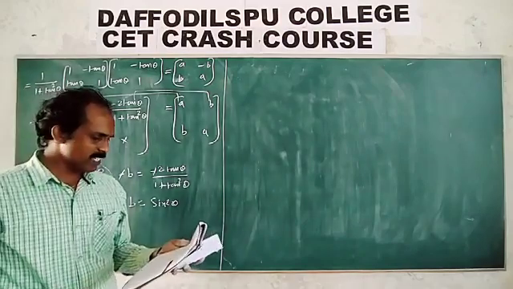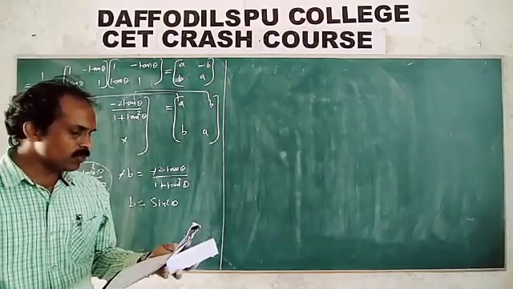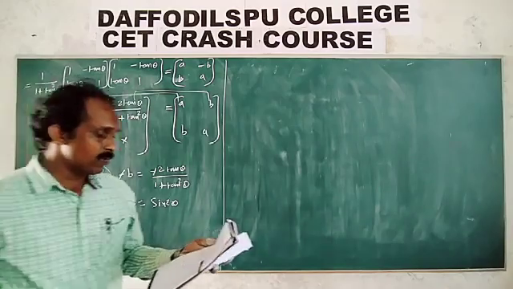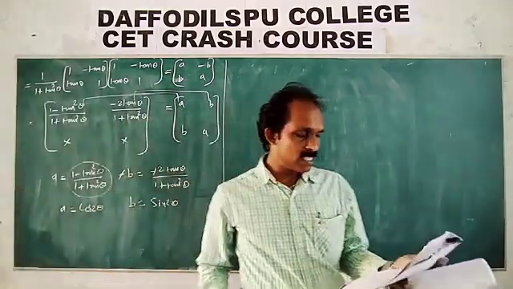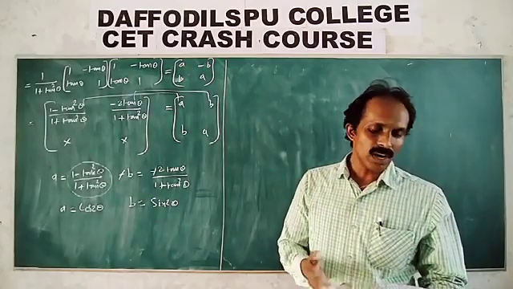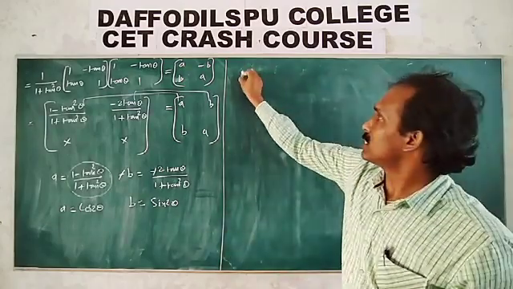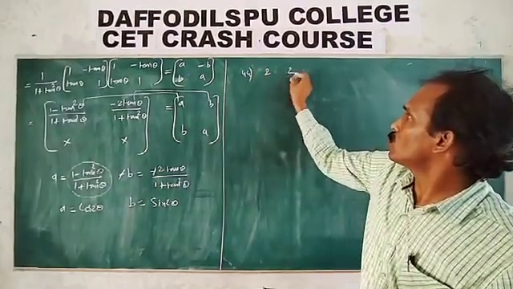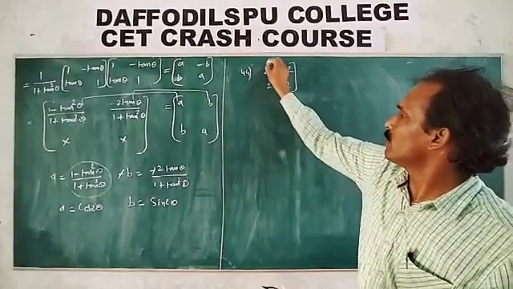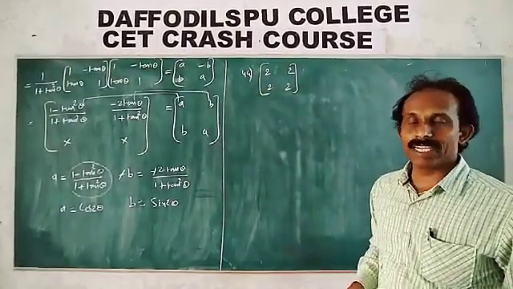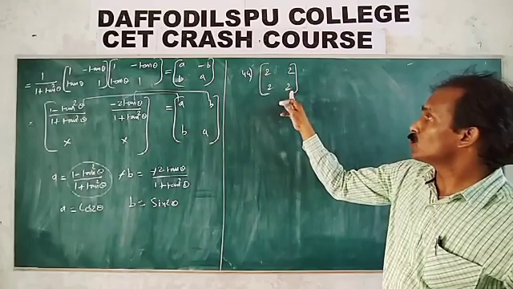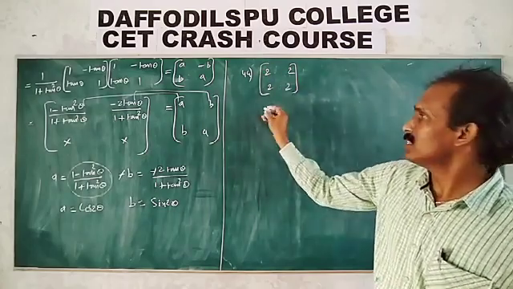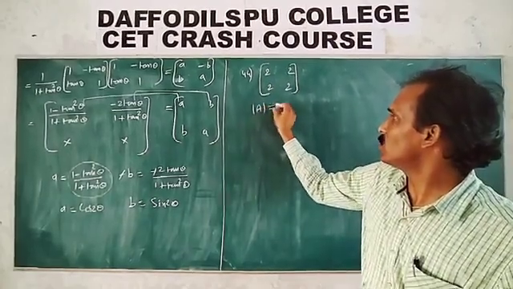Question 44, an easy one. A multiplicative group of 2 by 2 matrices of the form [2, 2; 2, 2]. What is the inverse of the matrix? Inverse means 1 by det A into adjoint. What is det A? 2 times 2 is 4, 4 minus 4, so determinant A is equal to 0.